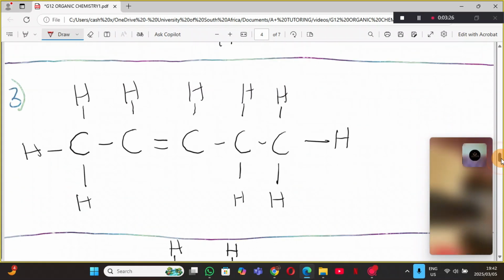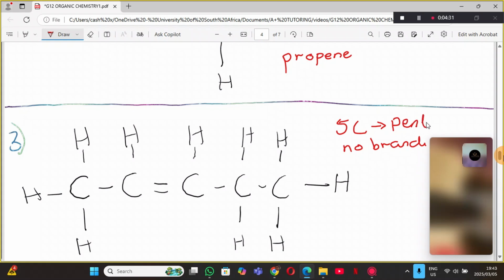For example, this one. How many carbons do I have? 1, 2, 3, 4, 5. 5 carbons. Is that the longest chain? Is there any branch? No, there's no branch. Okay. So 5 carbons, the name starts with pent. In this case, do we have any double bonds? Yeah, we have a double bond, right?